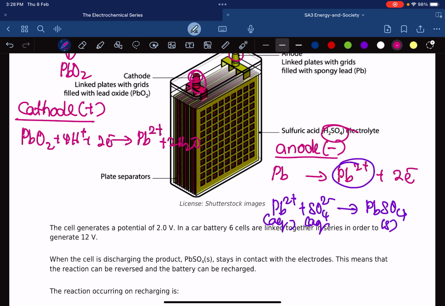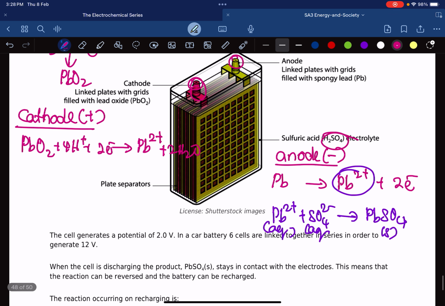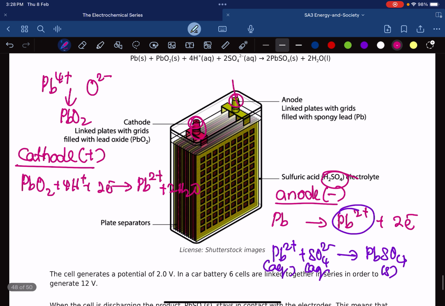All right. This is the half equation that happens in your car battery when it's producing electricity. So if you connect this with, let's say, a light bulb, electrons will come from here and go over there.